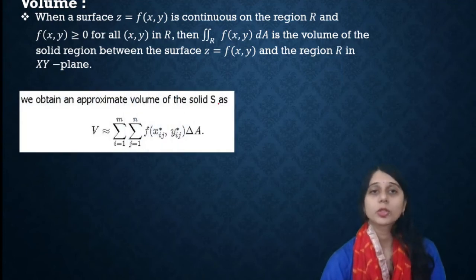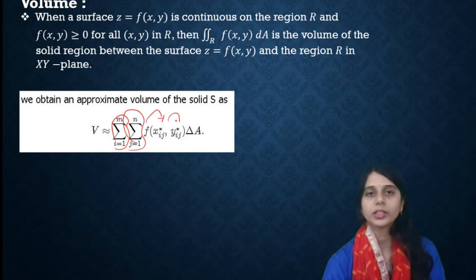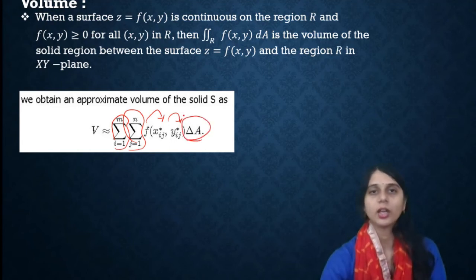We obtain the approximate value of the solid S as the summation i = 1 to m, summation j = 1 to n of f(xij, yij) delta A. Delta A is an area.